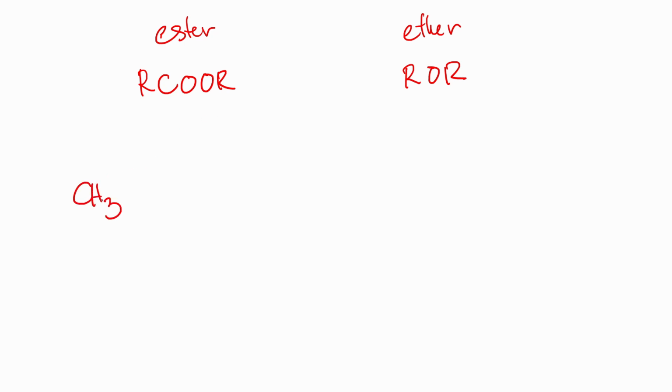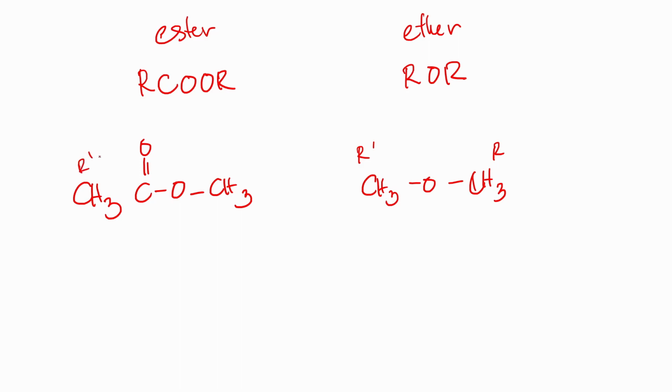So we have our R, C double bond O, OCH3. Well, for our ether, it is simply R, O, R. So that is your ester and your ether.